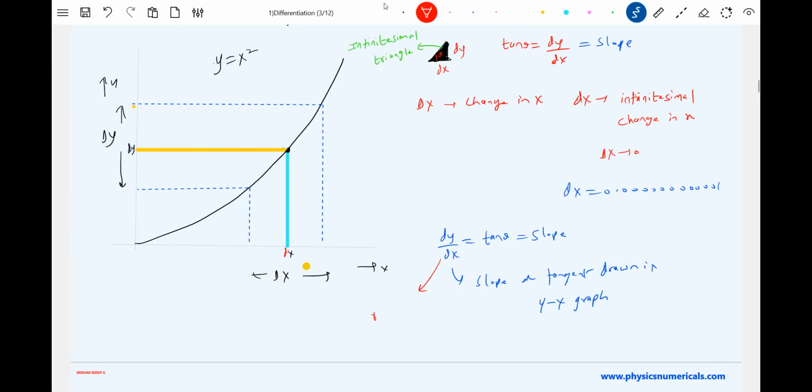What is another way of defining this? We can also call it the rate of change of y with respect to x, or the ratio of infinitesimal change in y to infinitesimal change in x. This is the graphical method. This is using differentiation. What can we calculate? Slope. How to calculate the slope of a curve at any point?